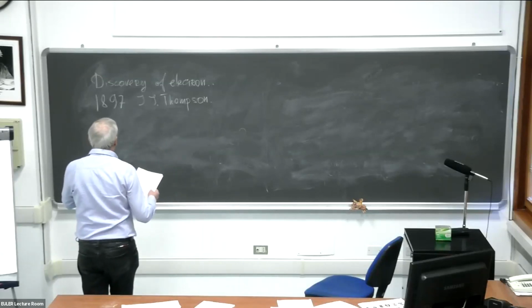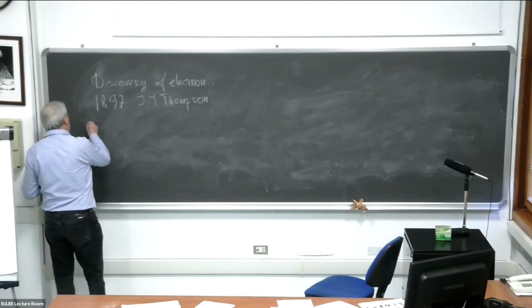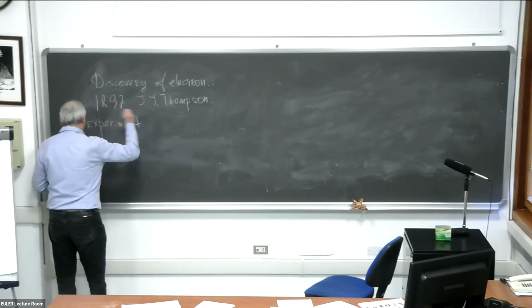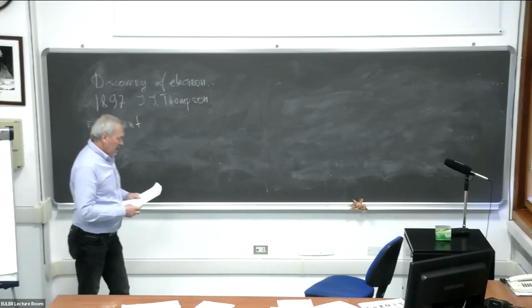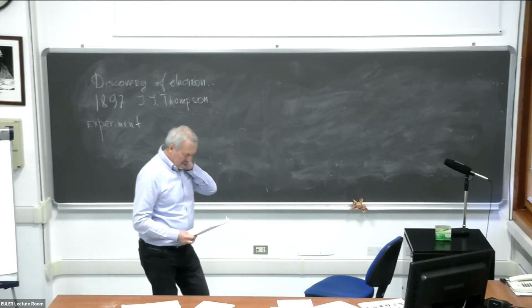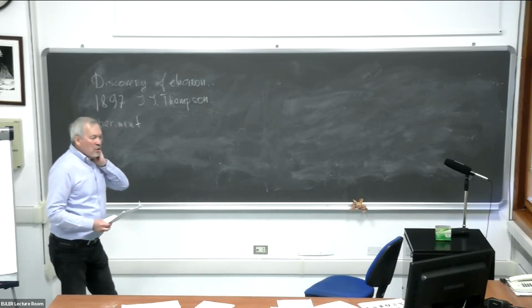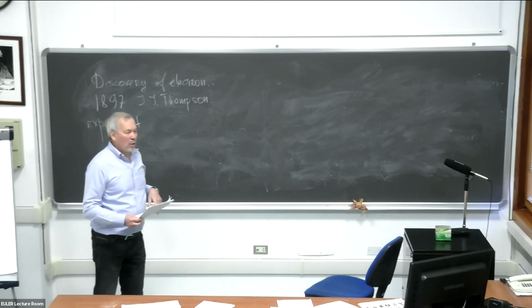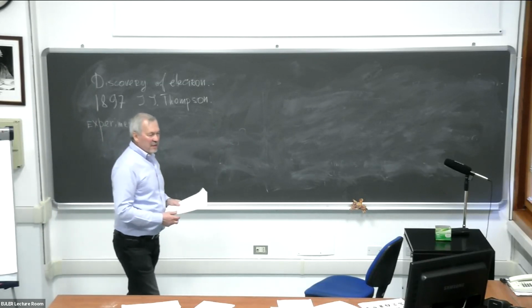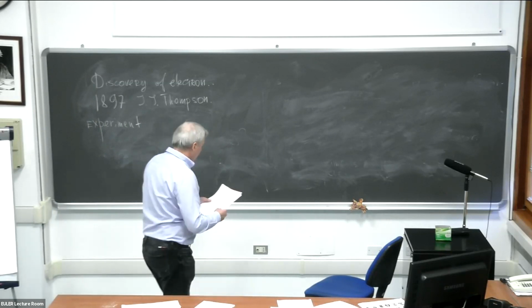And the experiment was the following. So let me start with the experiment. Thomson studied electric discharges in rarefied gases. And what he saw were so-called cathode rays, and he studied the deflection of these cathode rays in the electric field.